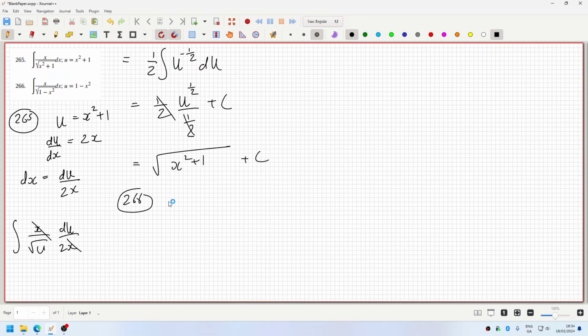266. u equals 1 minus x squared. So du dx equals minus 2x. So that means dx equals du over minus 2x.